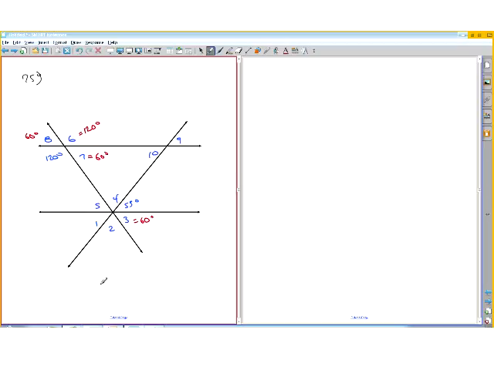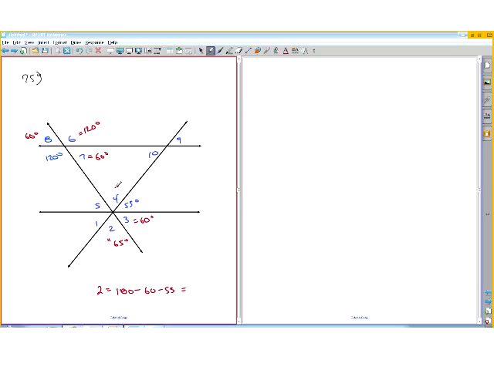So this plus that has to equal 180. So 2 is going to be 180 minus 60 minus 55, which, let's use a calculator, just make it easy on my brain right now, gives us 65. So that's equal to 65.